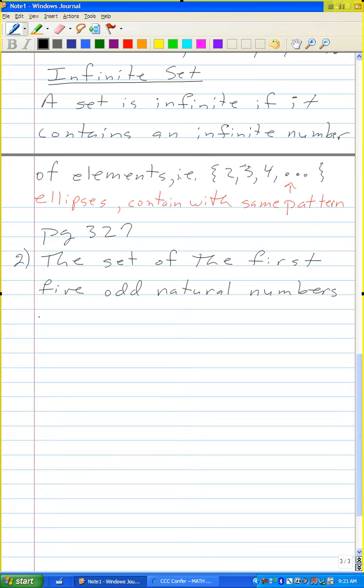And so, 1, 3, 5, 7, 9 is the list of the first 5 odd natural numbers. Let me do problem number 8.